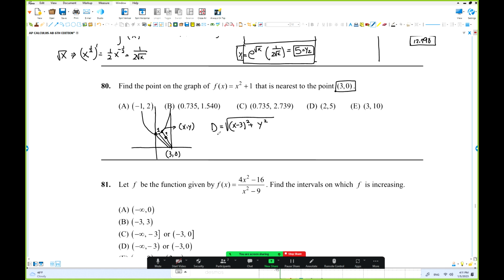So now we need to find the minimum, right? That is what minimize means. To minimize, we're going to find the derivative with respect to x. Are you okay with this?